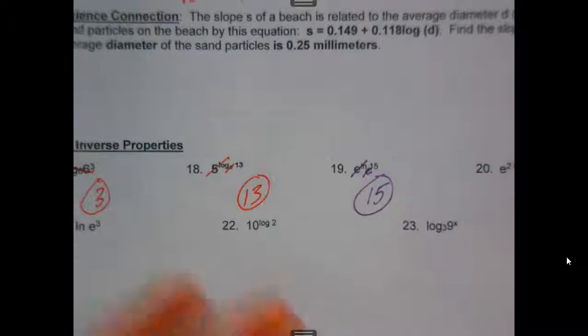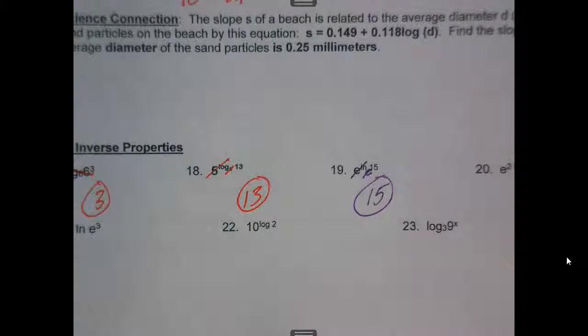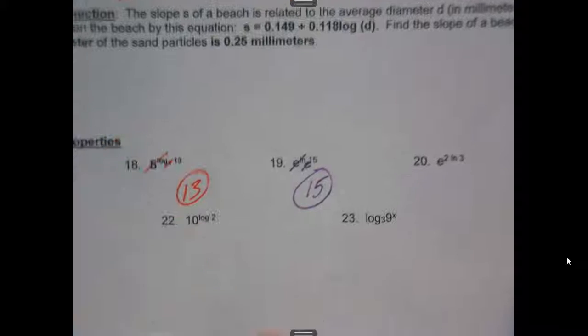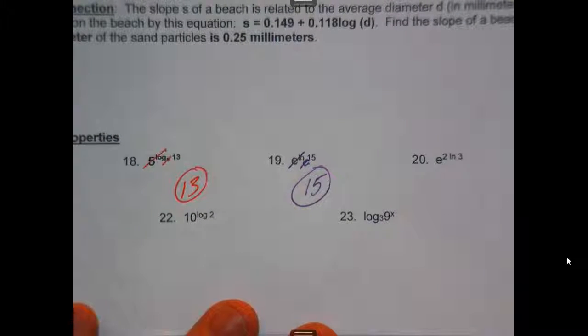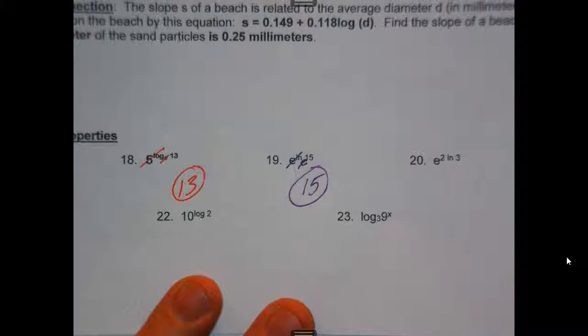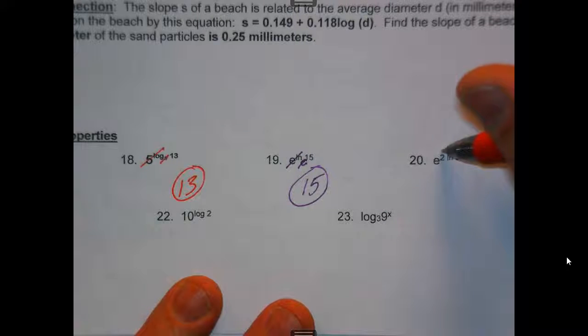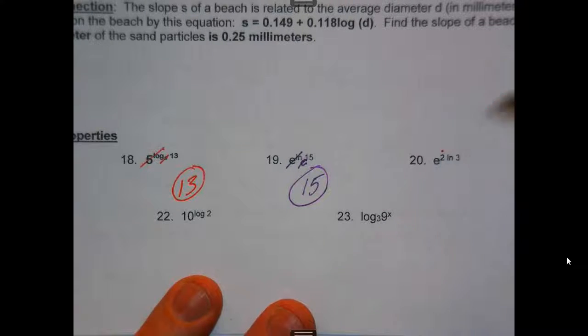Okay, number 20. Uh-oh, something different. Not going to work, is it? Why is it not going to work? Because there's a 2 in between the E and the log. Is there any way I can get rid of the 2? Well, kind of.